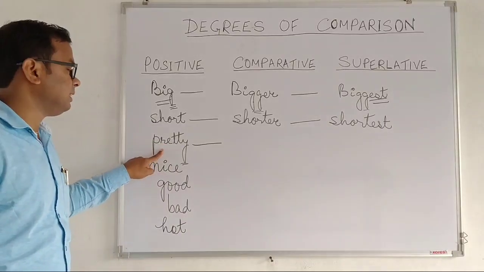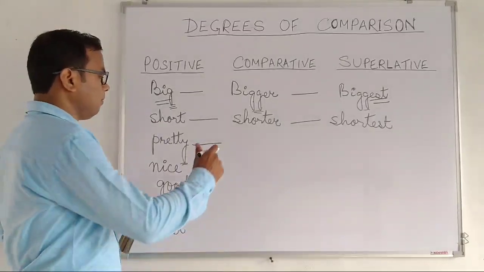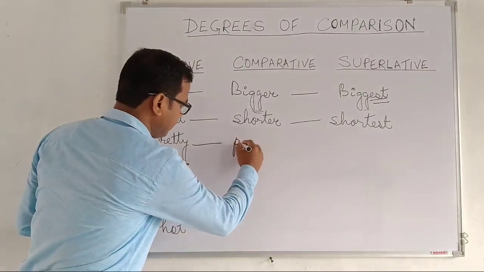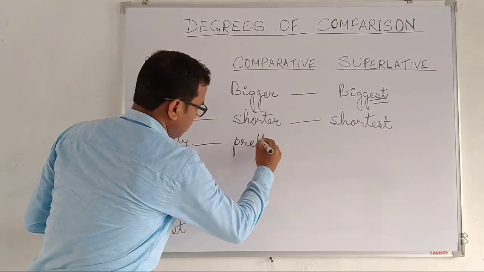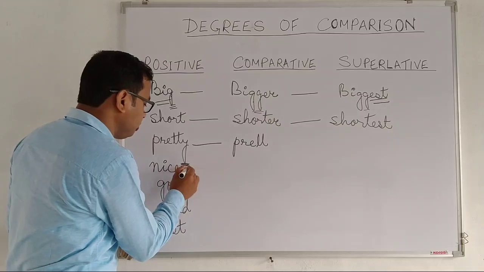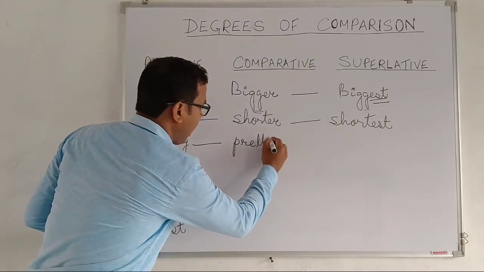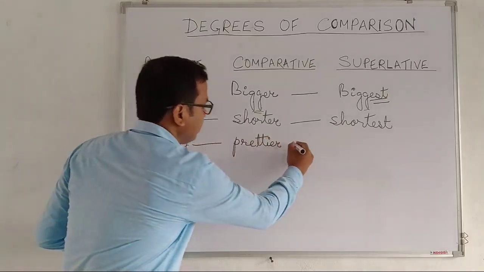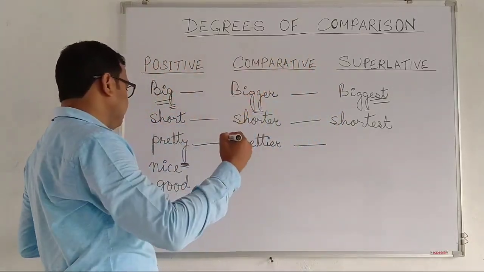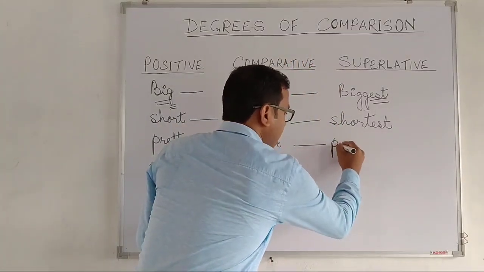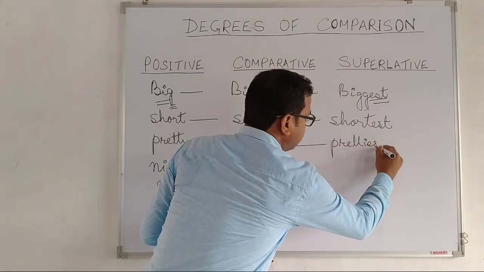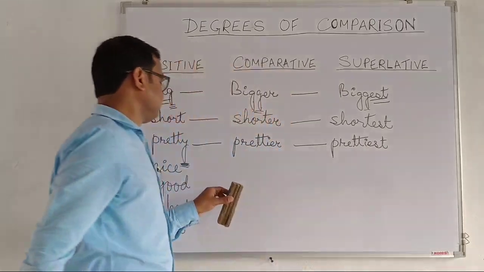Our next adjective is pretty. So, this adjective ends with Y. Now, in that case, what we need to do? If the adjective ends with Y, we have to make it I-E-R, prettier. And similarly, in superlative degree also, P-R-E-T-T-I-E-S-T, prettiest.